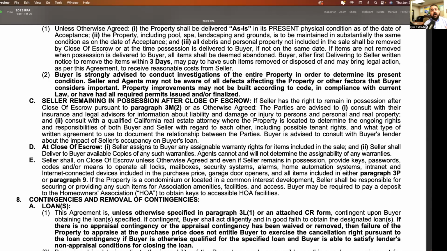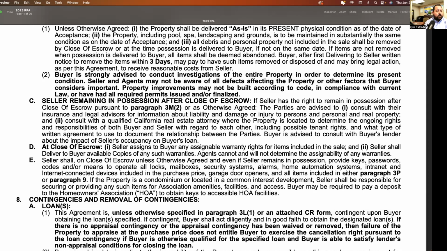What they're talking about is if there are any items included in the sale, those personal items that become part of the sale that we talked about earlier, referenced in paragraph 3P. If there are any warranties still in effect on those items, it's the seller's duty, their responsibility, to provide copies of those warranties if they still have them, or the information on how to get those warranties taken care of.